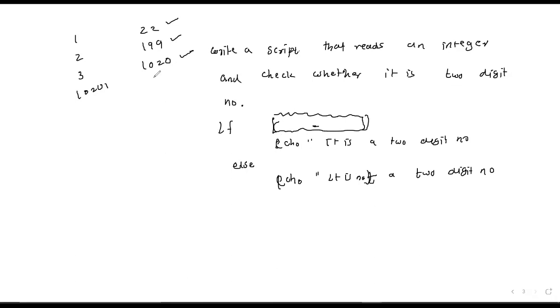Yes. What is meant by a two-digit number? See, what is the minimum two-digit number? So we have 0 to 9. These are one-digit numbers. So once we have this number 10, it will be a two-digit number, and the maximum two-digit number is 99.